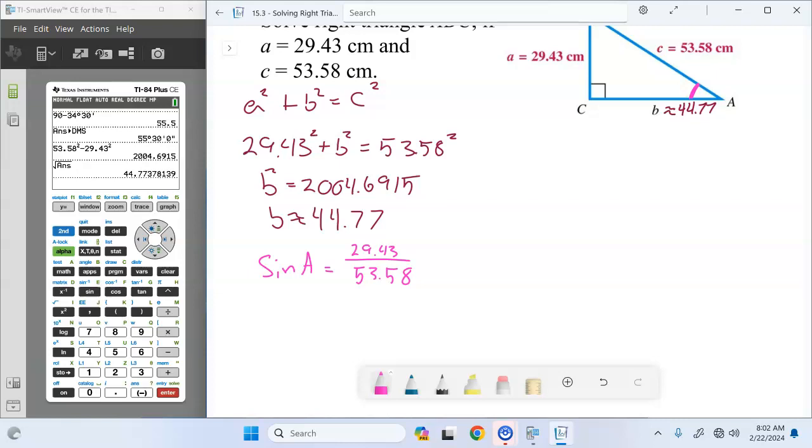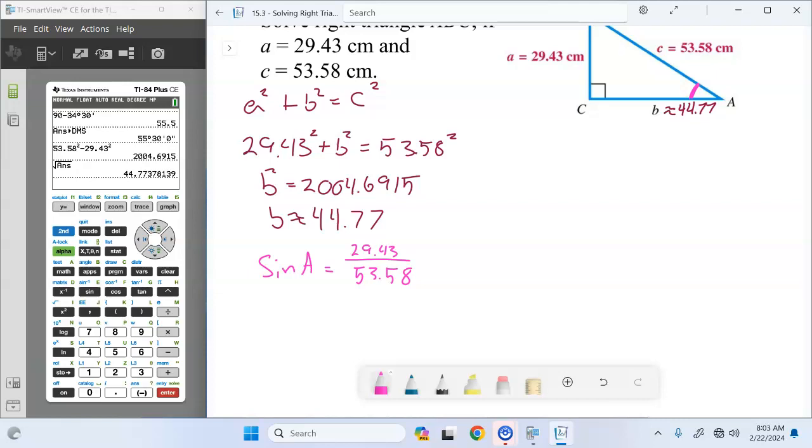Now, to get A by itself and to find the angle measure, the inverse of a trig function is just called the inverse trig function. The inverse of sine is called inverse sine.